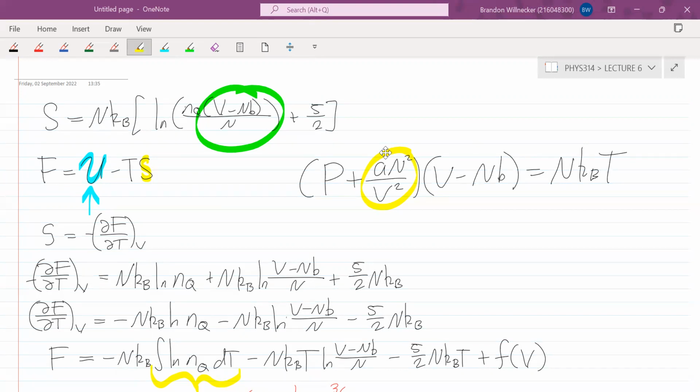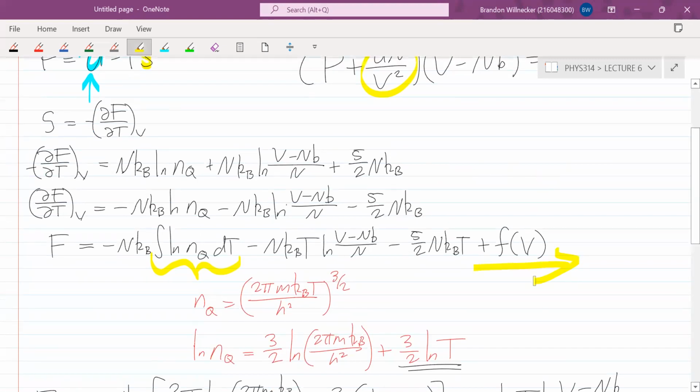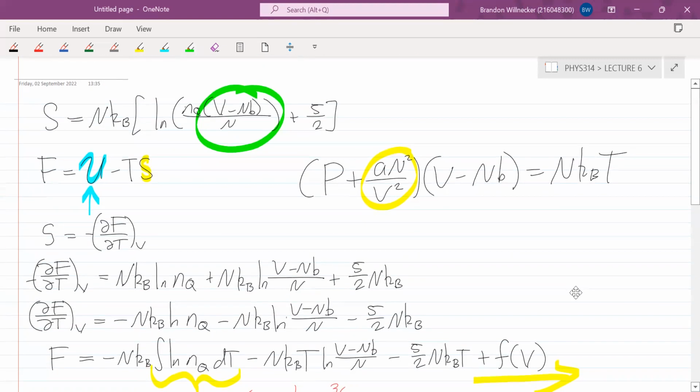So that's why we couldn't find it here. Okay, so if I give you the entropy and I ask you to find the pressure and the internal energy, you can just leave it like this, that's fine. However, if I give you the free energy and I ask you to calculate the other stuff, then it will include this term.